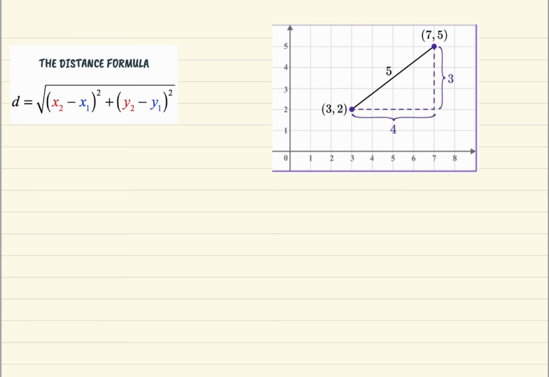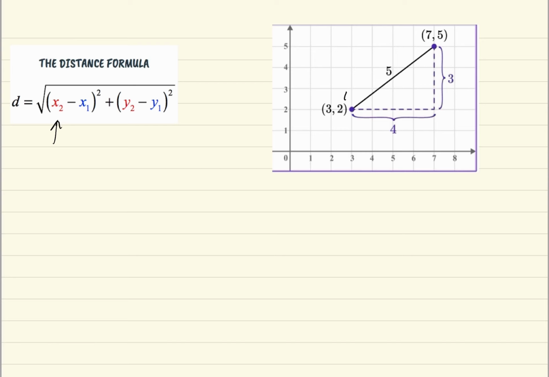Now, the way it works is you subtract the x coordinates of the endpoints. We'll work this out together, and so we can see if the answer is actually 5. You find the difference of the x coordinates, so x2 minus x1.